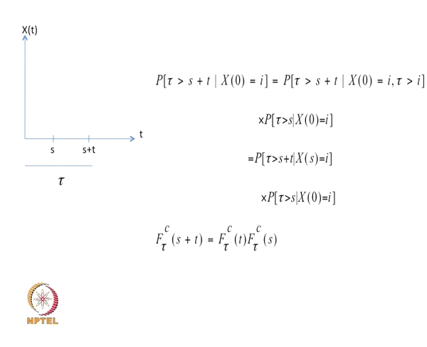Therefore, this is nothing but the complement CDF of tau at the time point t, multiplied by this, which is nothing but 0 to s. So, this is the complement CDF of tau at the time point s, whereas the left hand side is the complement CDF of tau at the time point s plus t.